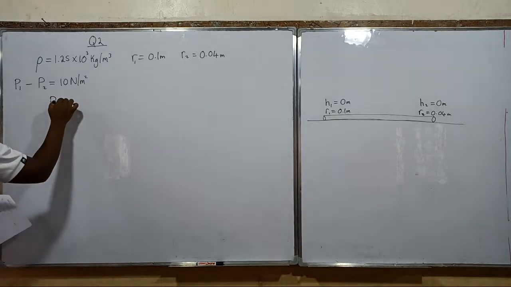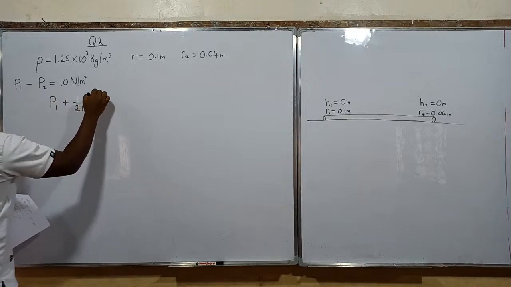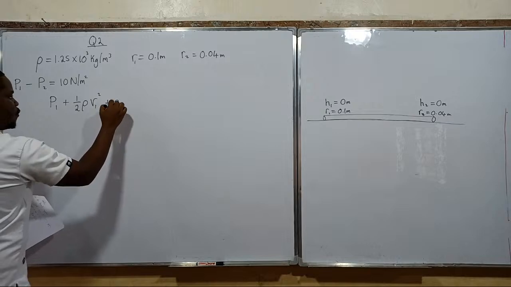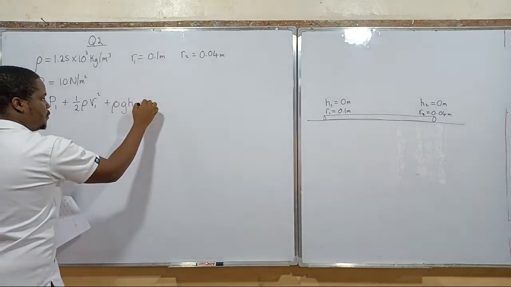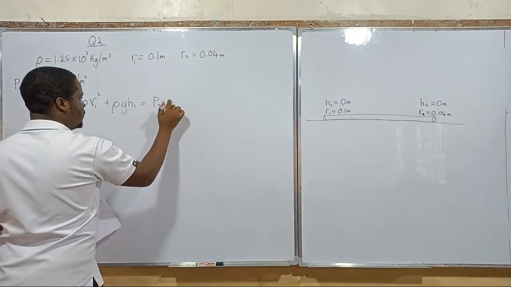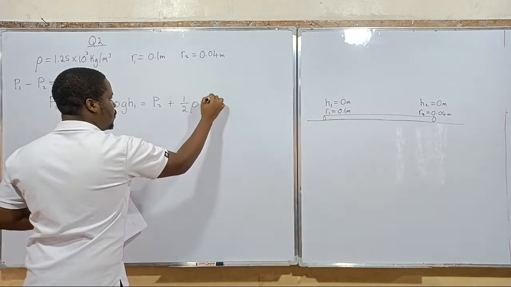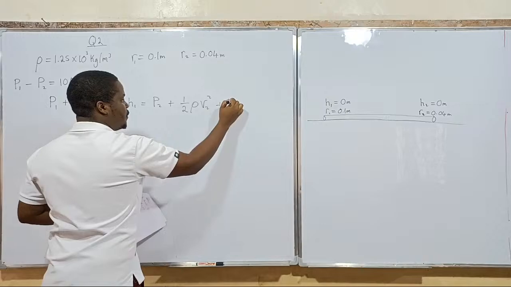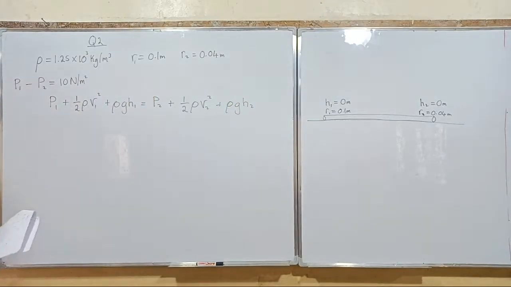Pressure 1 plus half rho V1 squared plus rho G H1 is equal to pressure 2 plus half rho V2 squared plus rho G H2. Bernoulli.